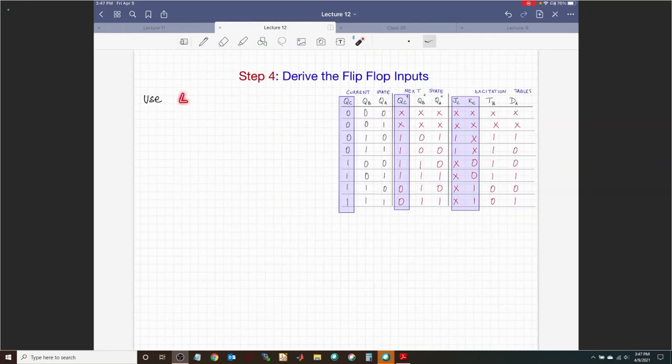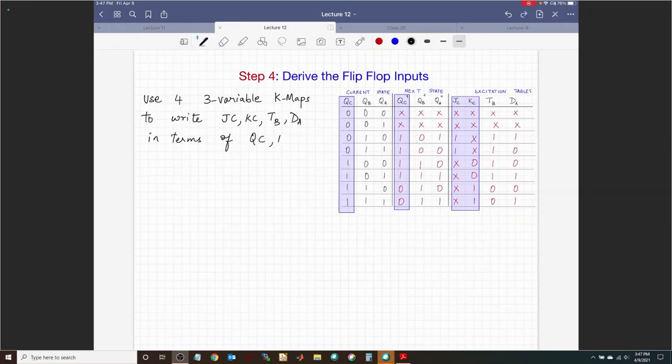Use 3 variable k-maps to write JC, KC, TB, and DA in terms of QC, QB, and QA, right?